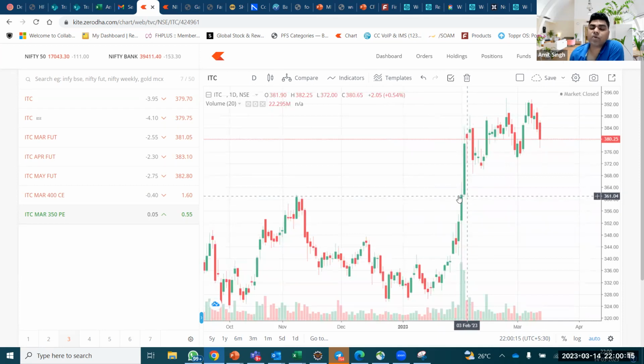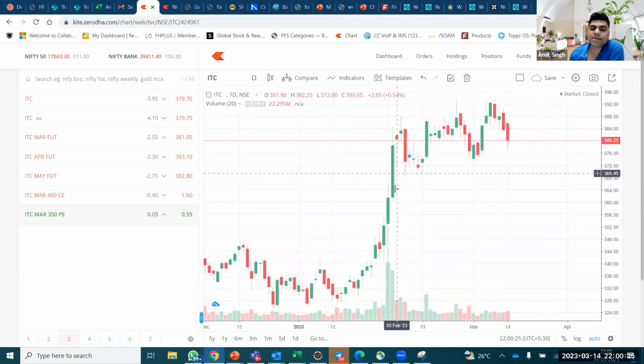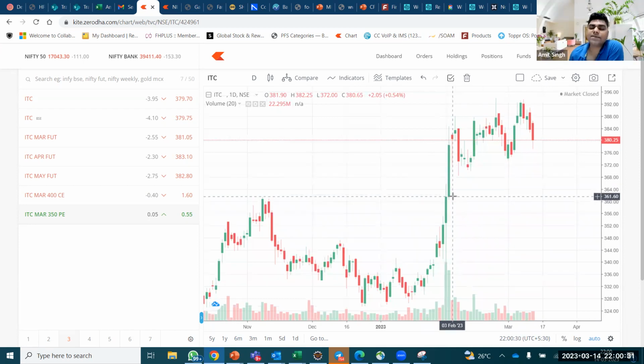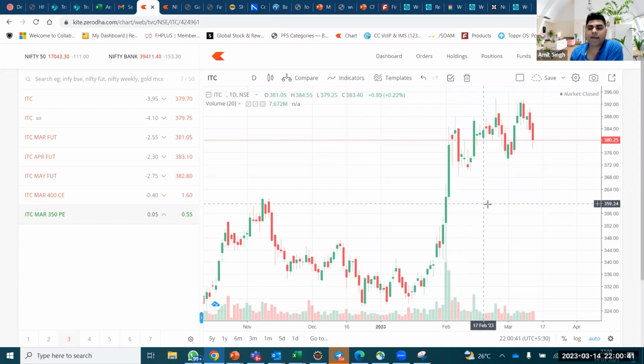So they will try to protect it come what may. They will not let it go, because this is where the stop loss will be, na? Because they entered here. So this is like elephant footfalls in the jungle. हाथी का पैर का निशान है यहाँ पे, right? So that means I can very safely say, ITC is not going to come to 360 rupees at any time in the near future.